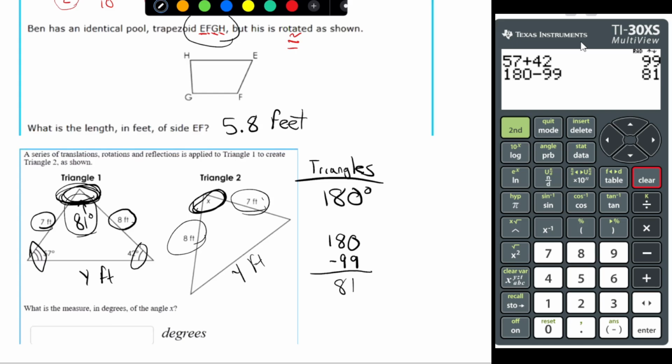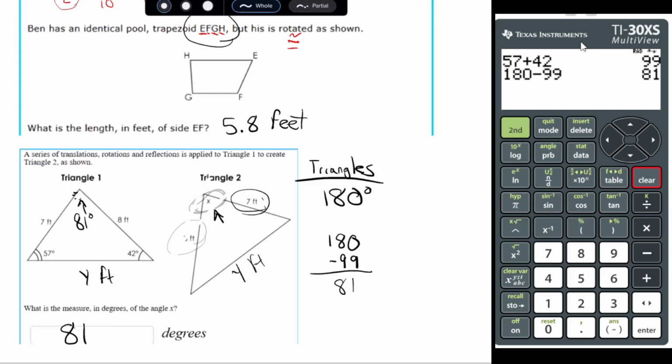That's what you're looking for. So this angle is 81. Therefore, this angle is also 81. So again, in case you missed it, we found 81, and what I found was that the angle we were looking for right here is the angle at the meeting point of the 7-foot side and the 8-foot side.